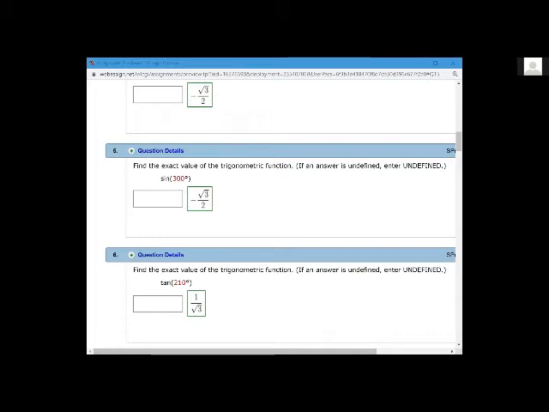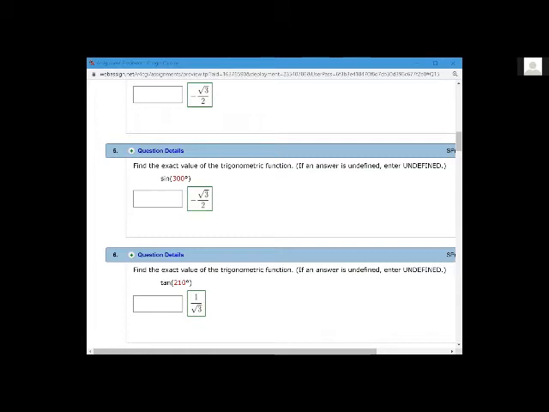The one I said we wanted to get would be 240 degrees, which is here. If you look at 240 degrees, it will be that one, so it'll be the small first one, a half with a negative in front of it, and it will be the big second one.